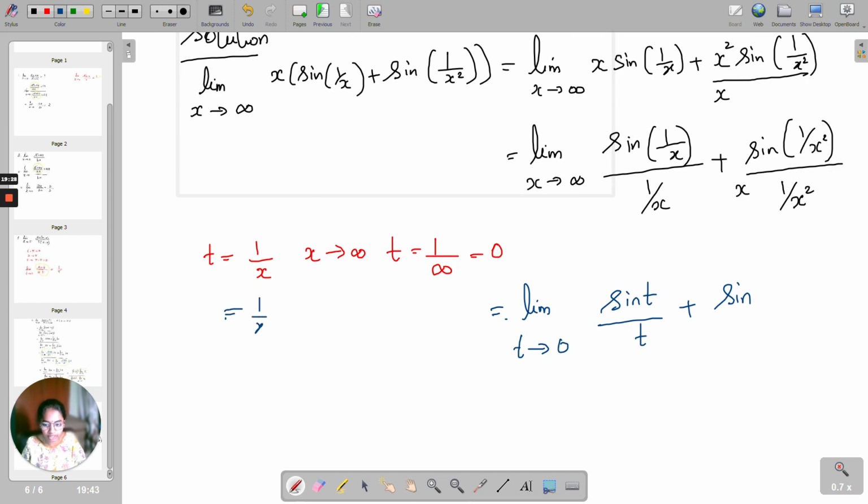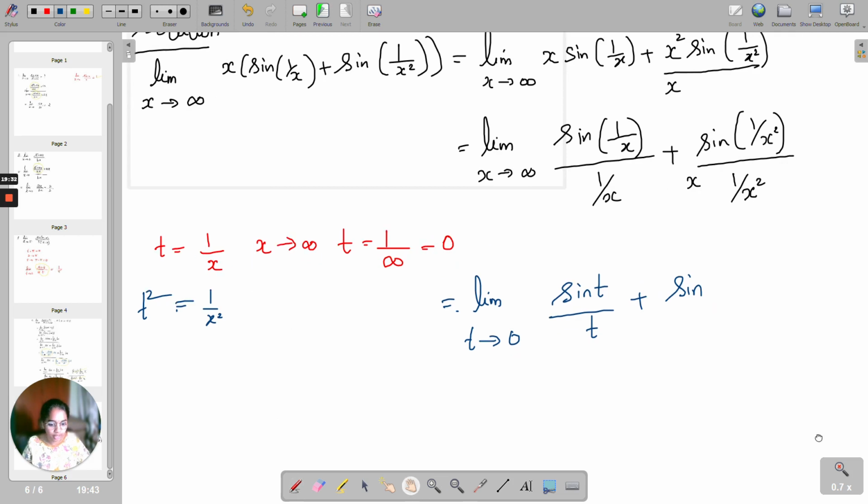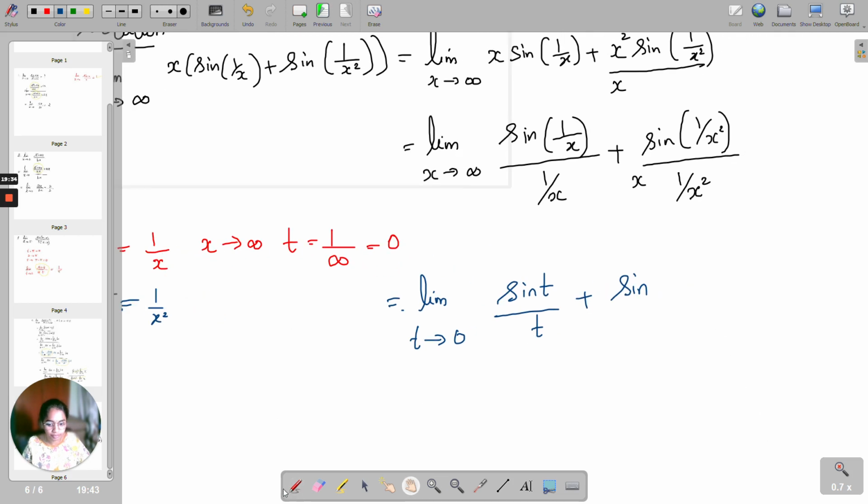Or I can write it as 1 by x the whole square, right? That would be t square. Agree? So I would get here sine t square divided by t square, and 1 divided by x was t.